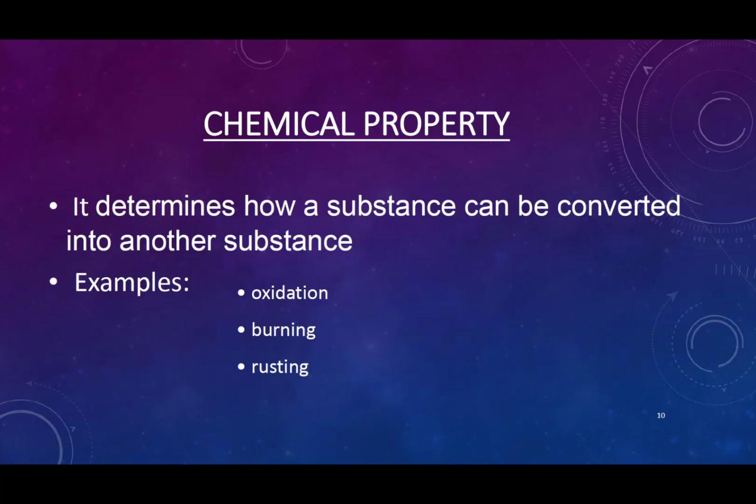Now, chemical change. One substance can be converted to another substance, which means the composition of the matter will not remain the same. For example, you bought a very shiny bike in the summer.